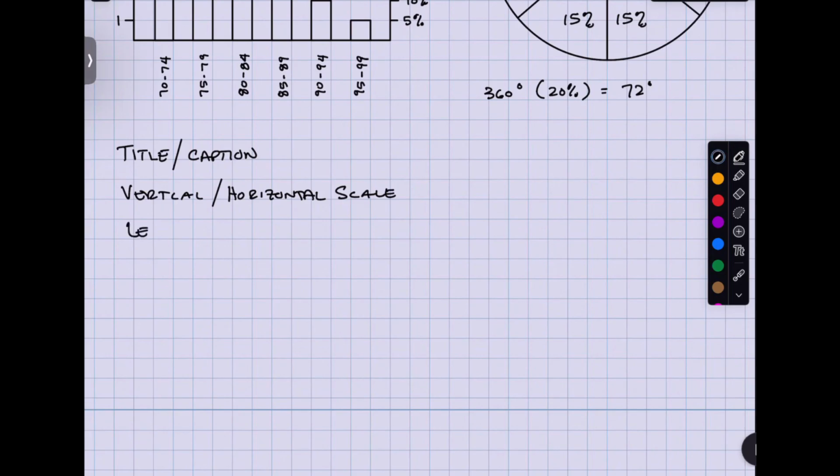And you always need a legend. What the heck is a legend? Tells you what things are. What do you mean, tells you what things are? If you had a symbol or with the percentages or what those columns are.